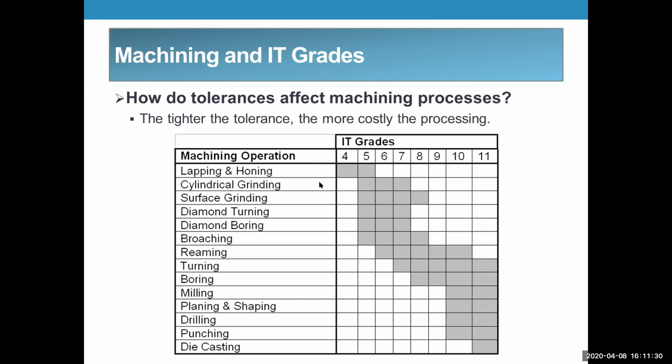I don't believe that's true. I think it's the opposite. If you look at any one of the ANSI tables, it appears to me that as the numbers go up, the tolerances get looser. So that would be the same as the IT grade numbers. And as the numbers go down, it appears that the tolerances get tighter.